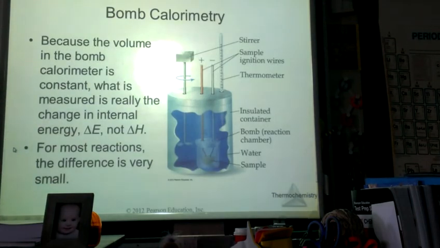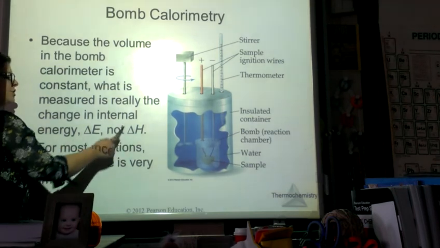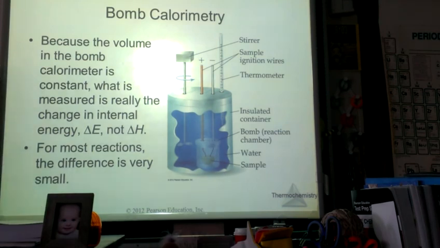Okay, so because the volume in the bomb calorimeter is constant, what is measured is really the change in the internal energy and not so much the change in enthalpy. Usually in most of the reactions that we do, the difference between the change in internal energy and the change in enthalpy is so small that we just consider it to be negligible.